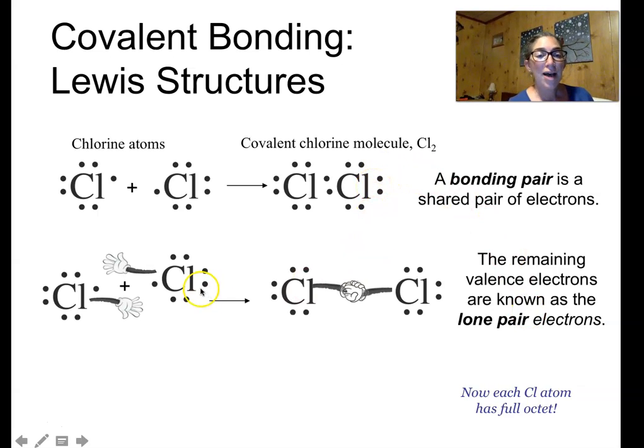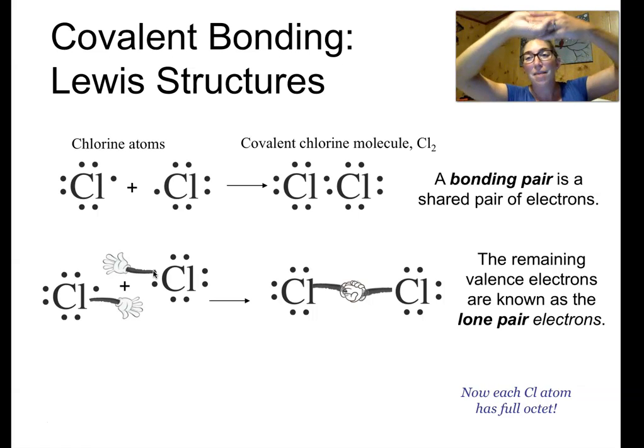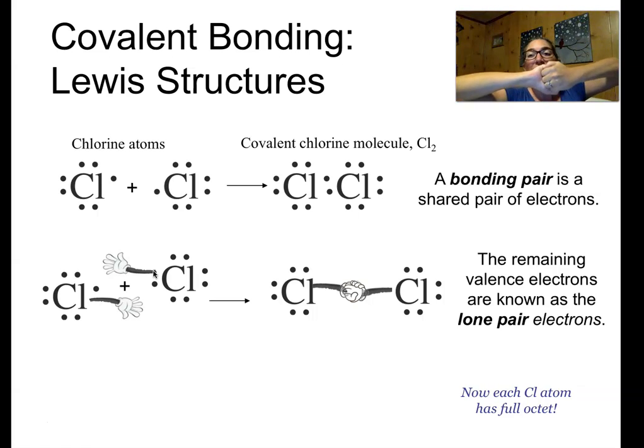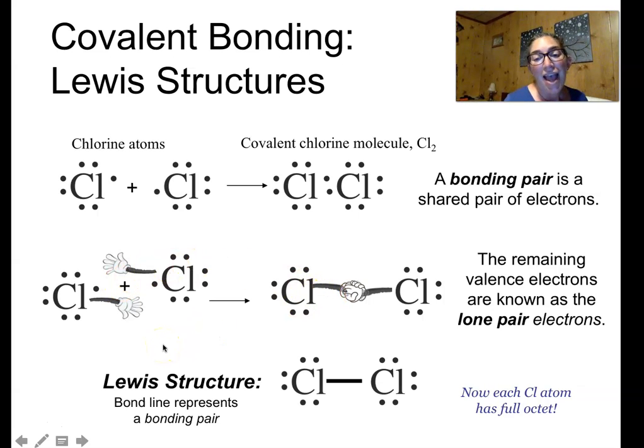I like to think of those vacant spots as invisible arms that stick out with hands, and they can grab hands with another atom that has an invisible arm and hand sticking out. So these two chlorine atoms reach out and grab hands, and then we can replace those hands with a bond, a line here.